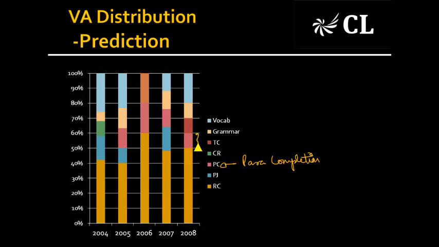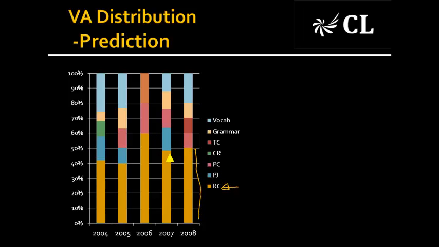So every year from 2004 to 2008 you'll find a certain number of questions, except in 2004 when it was replaced by critical reasoning. And PJ is para jumbled. These questions were missing in 2008, but you've seen para jumbles every year from 2009 onwards. So RC is reading comprehension.